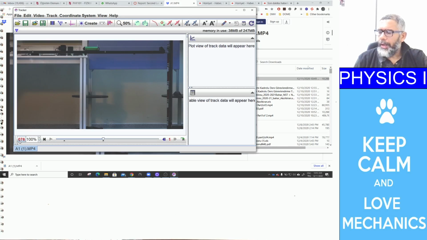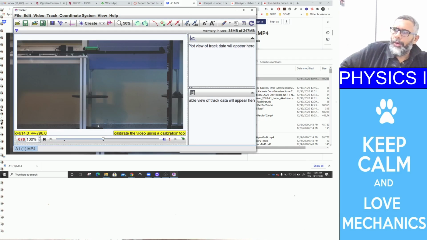So this is the last frame, frame 76, that you will take the data values. So you will only take the data values between the 13th and the 76th. Okay, we have to do it because between these frames the cart is doing a constant accelerated motion.